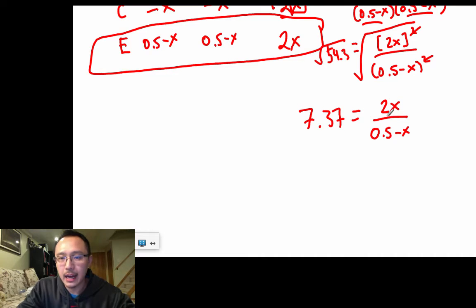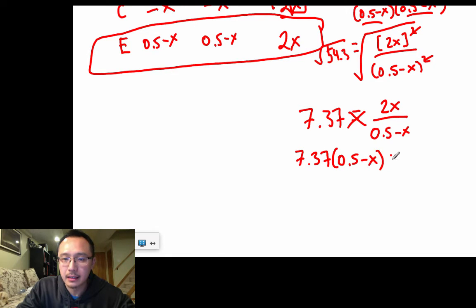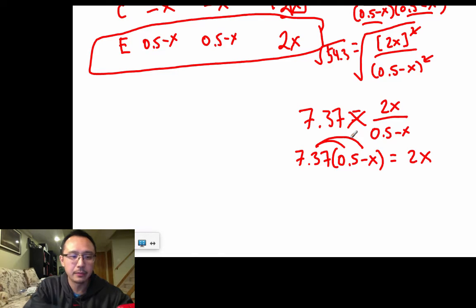Then I need to isolate x, so I cross multiply: 7.37 times 0.5 minus x is equal to 2x. Okay, so far so good. Distribute this: 7.37 times 0.5 is equal to 3.68, minus 7.37x, is equal to 2x.